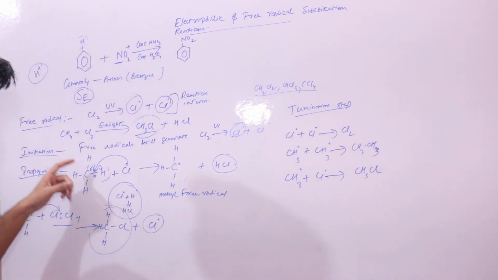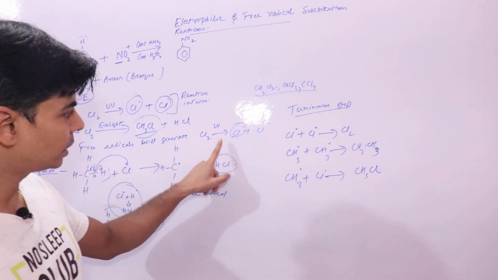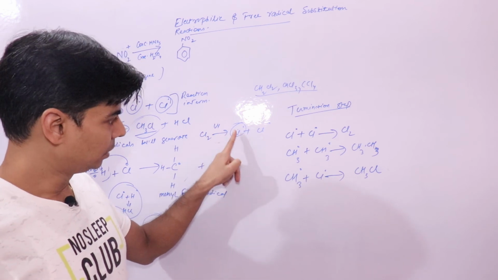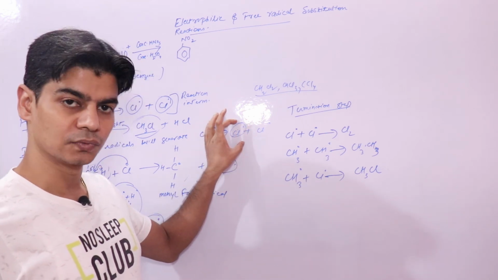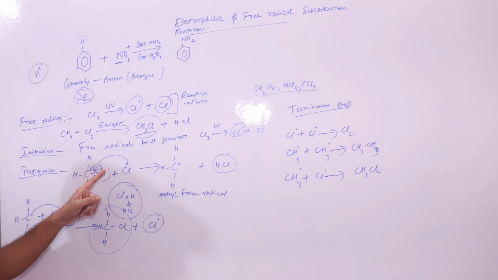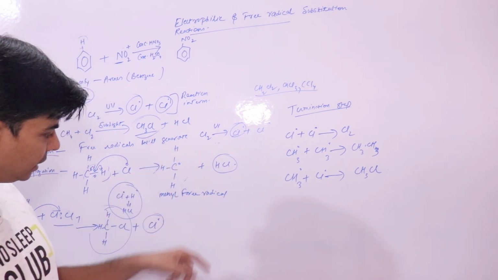In the first step, the initiation step, chlorine free radicals were activated with the help of sunlight, UV rays. Now when the chlorine free radical was formed, it progressed the reaction by attacking the methane molecule first. Then this step formed methyl free radical.